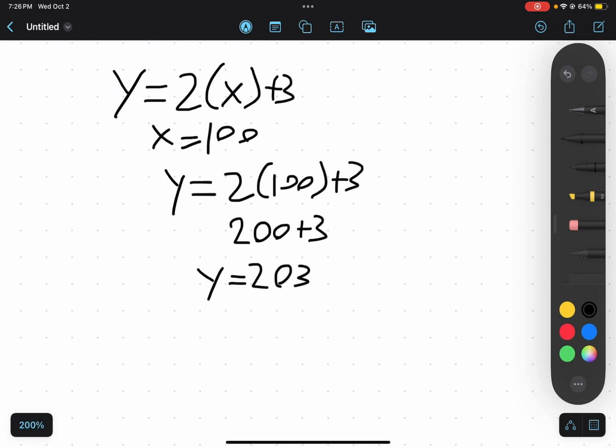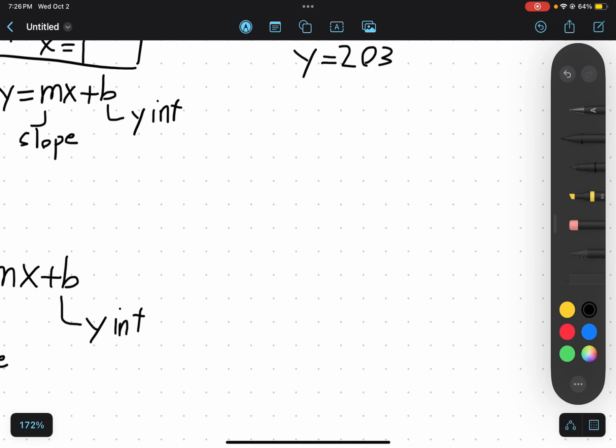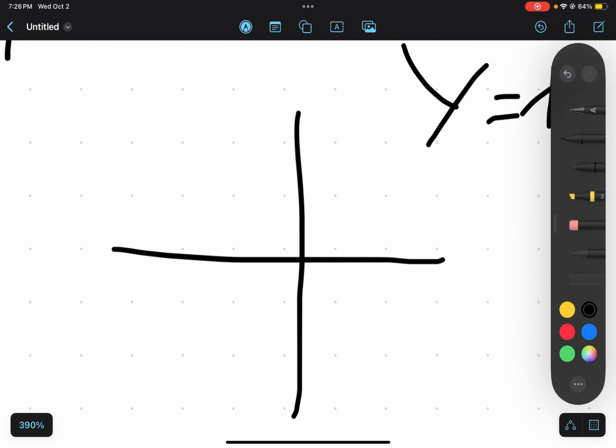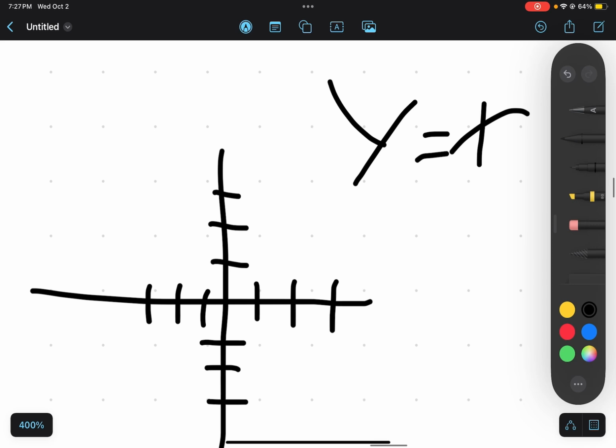So, how do you graph this? The parent function of a y equals x graph is this. So each tick mark will represent 1, 1, 2, 3, 1, 2, 3, 1, 2, 3, and 1, 2, 3. So from here, let's draw out these points. So where x is equal to 0, then y would equal to 0.